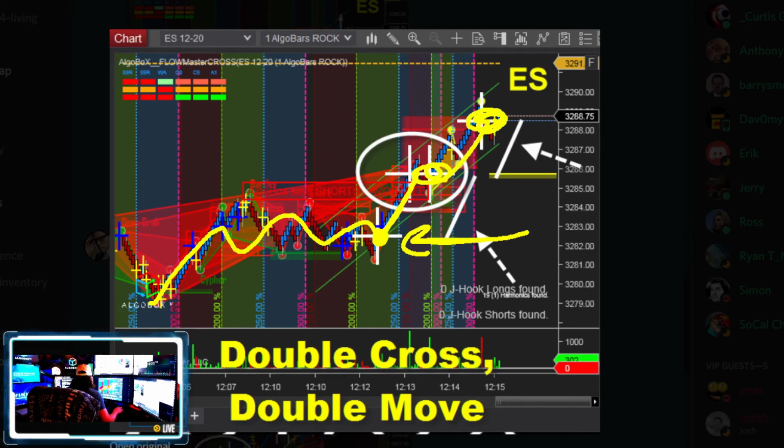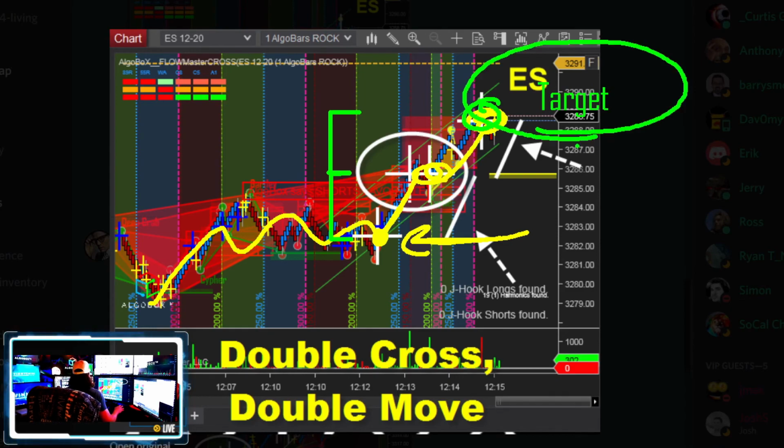If you can look at the measurement from here to here, again, these are ones that you're going to have to practice as you see these setups. Go back on your charts and label, okay, for your assignment on looking at the double cross. That should be equidistant right there: double cross, double move, so double the move, right? Leg one on the left, we are measuring, is going to be the same distance that we're looking for this one to get our targets filled like a boss, right?